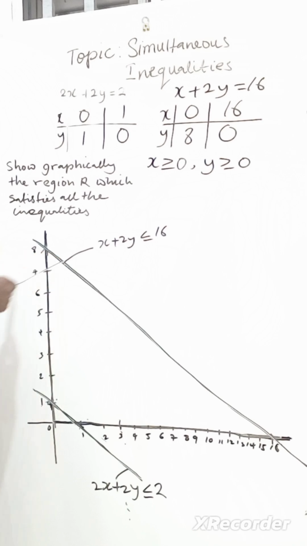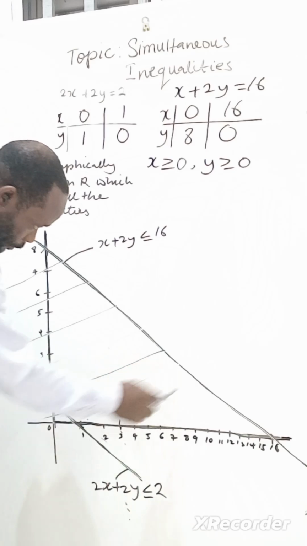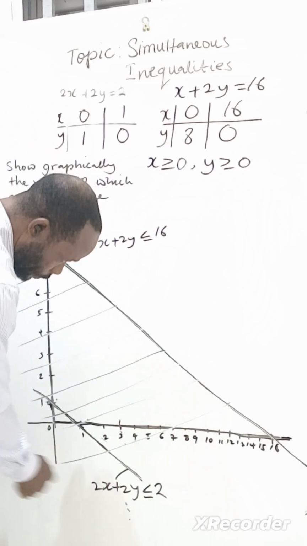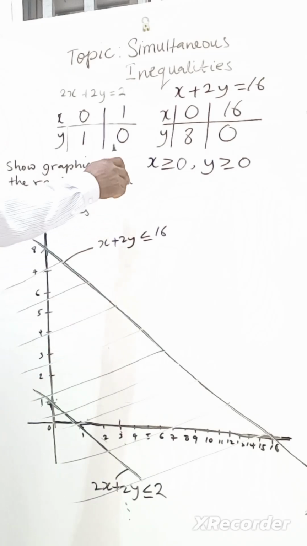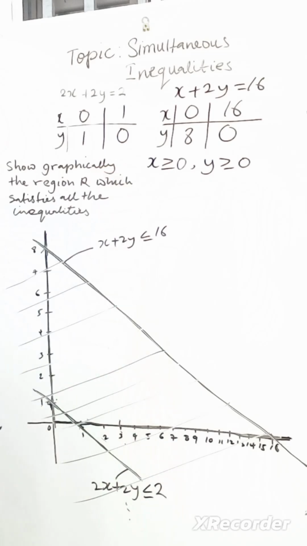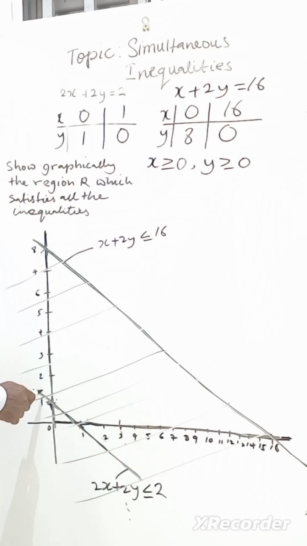So I'm going to shade this graph to the left of the Cartesian plane. For the second equation, the inequality sign is also less than or equal to, so I'm also going to shade to the left.